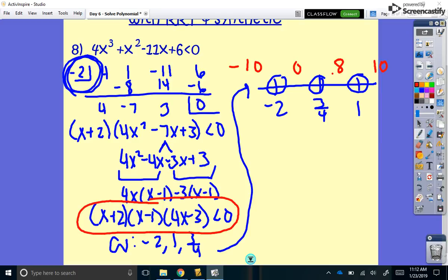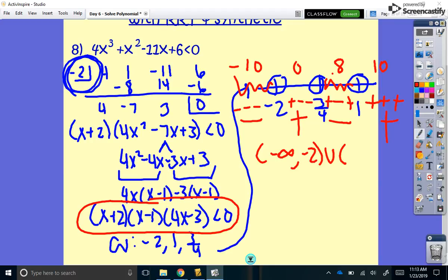Plugging in negative 10, I'm going to get negative, negative, negative, which is negative. 0 is positive, negative, negative, which is positive. 0.8 is going to be positive, negative, and then 4 times 0.8 minus 3 is positive 0.2. You can use your calculator there if you need to. And then 10 is 3 positives, which is positive. Less than 0 means I need to shade here and here. So I have negative infinity to negative 2 union 3/4 to 1.